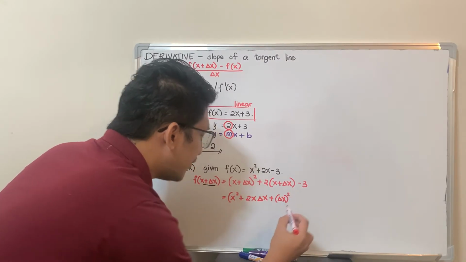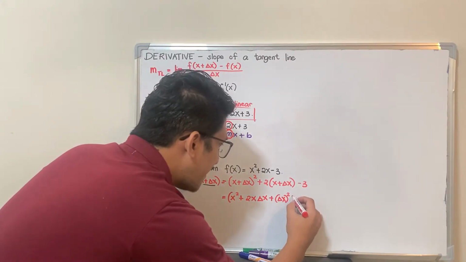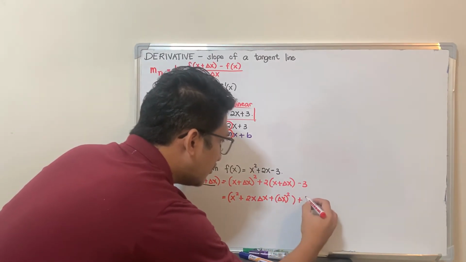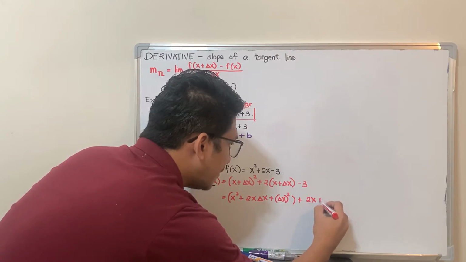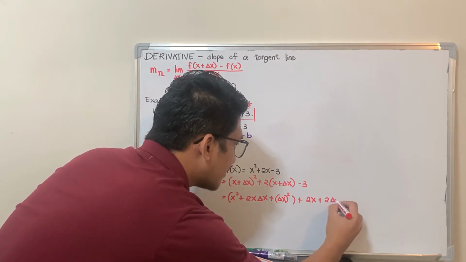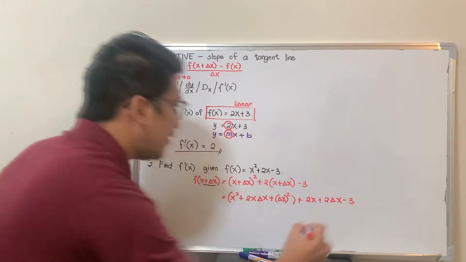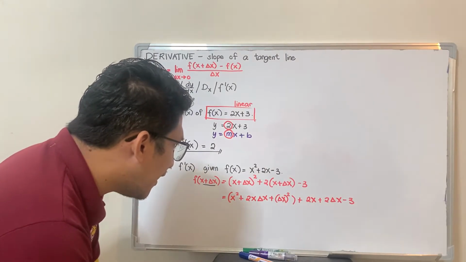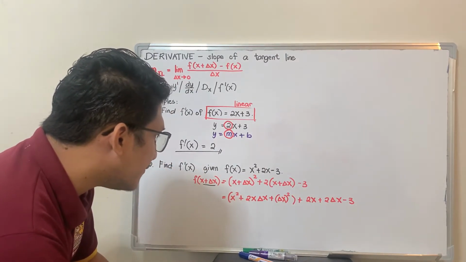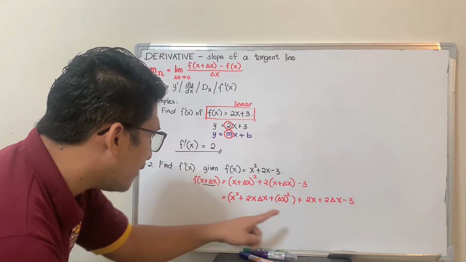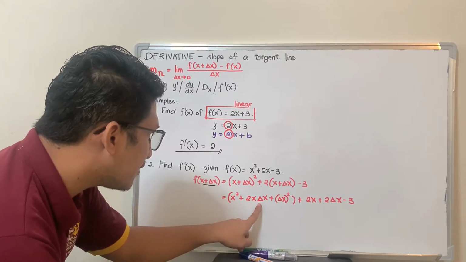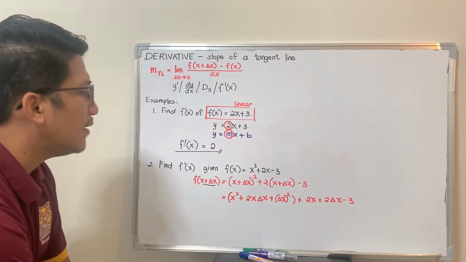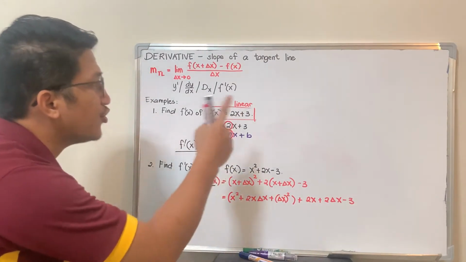Then plus 2 times x plus delta x, which is 2x plus 2 delta x, minus 3. Then look for like terms. x squared, there is none here, 2x delta x, none either. Nothing combines.